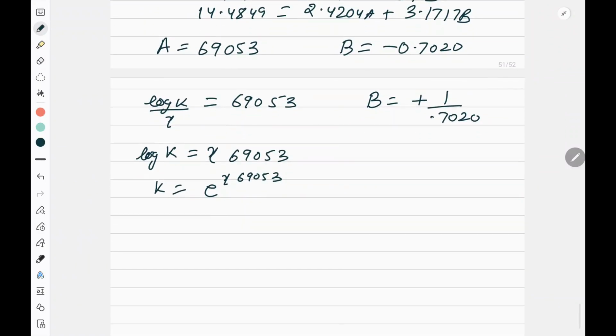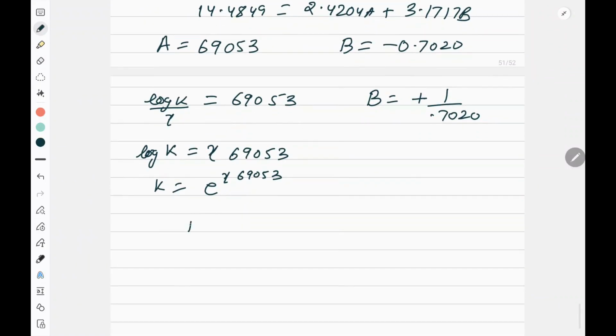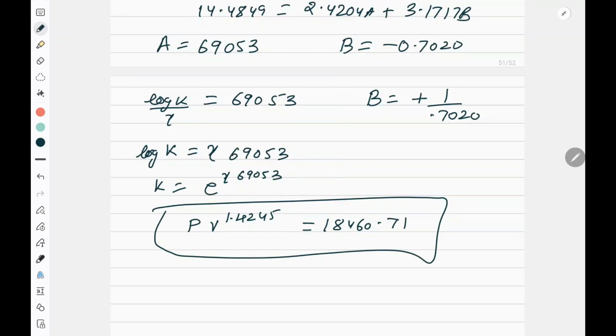So when you fit the curve, you will get the answer as P V to the power 1.4245 is equal to 18460.71. So this is how we can find out the curve. So it is easy only. You just need to focus properly and take care of the log properties. That's it. I hope you understood this concept. Thank you.